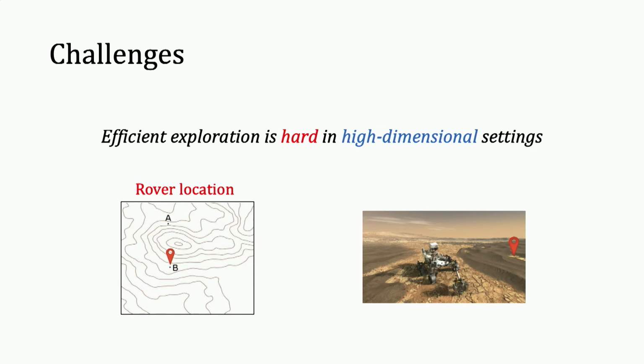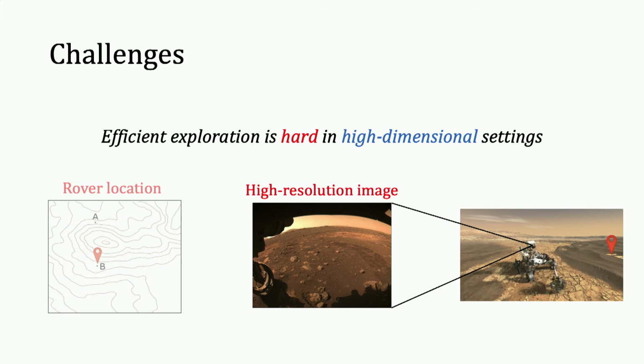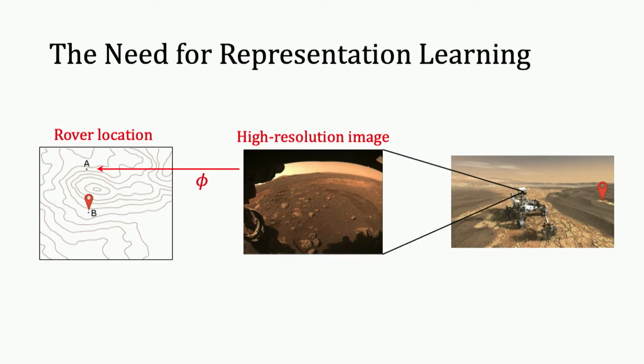thankfully, this is the thinking in statistics. What typically saves us in high-dimensional statistical problems is that there is some underlying low-dimensional structure. We'd like to explore such low-dimensional structures in reinforcement learning and figure out a way to take advantage of these low-dimensional structures. So in the example of the rover, even though the high-resolution image might be a very high-dimensional observation, the actual state of the rover is a low-dimensional state.